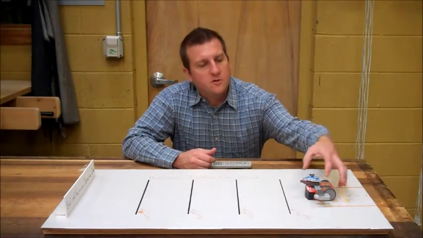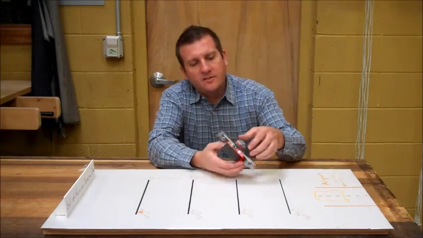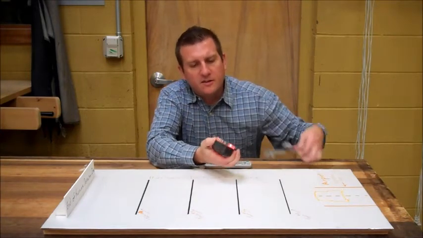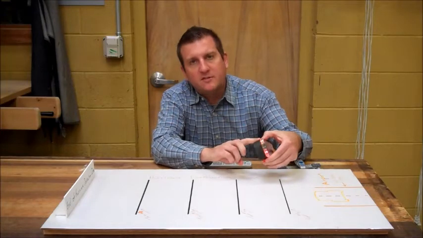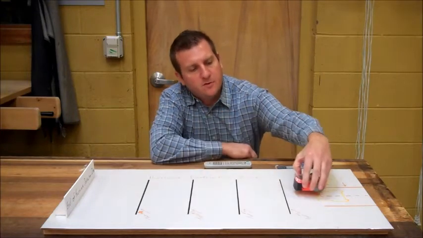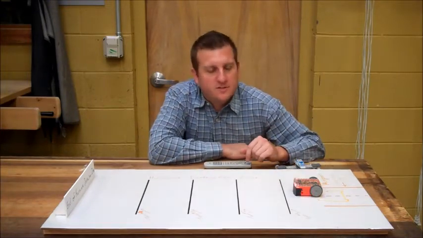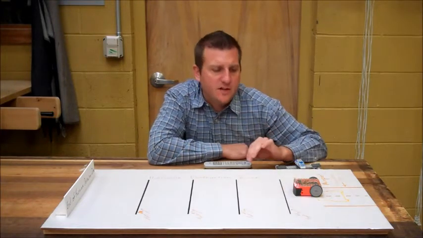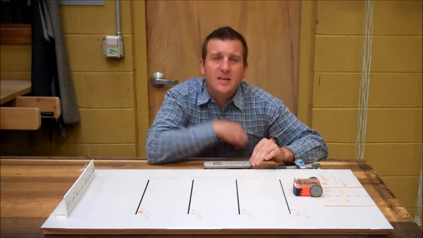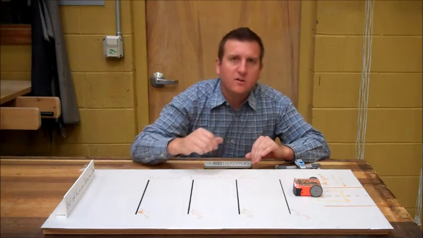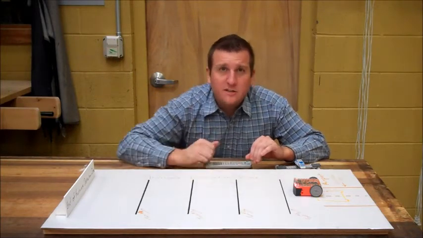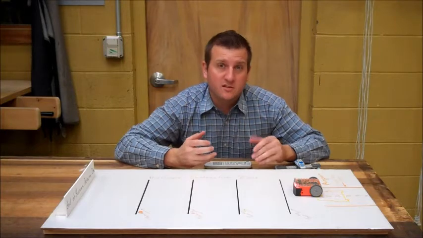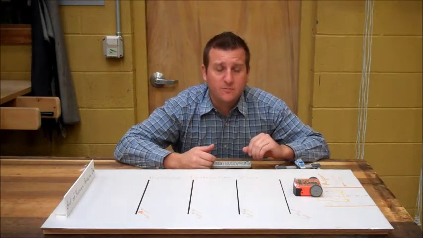One thing you might notice in this video is that my Edison has a piece of tape going around the front of it. The reason I do this is to create a little skirt for the front of Edison to block any excessive light from getting underneath Edison to confuse his sensor, his black line reader.